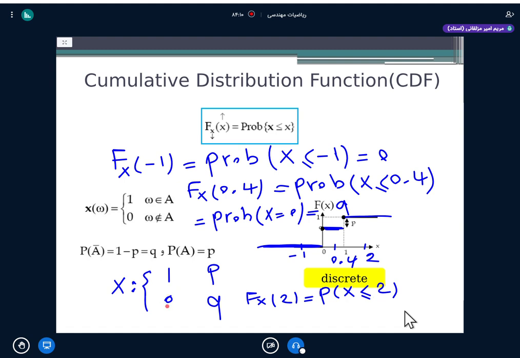The random variable takes the values 0 and 1, and all of these are less than 2. So this probability is equal to 1. It means that the random variable x is certainly less than 2, which is clear from the definition of this random variable. Any question?